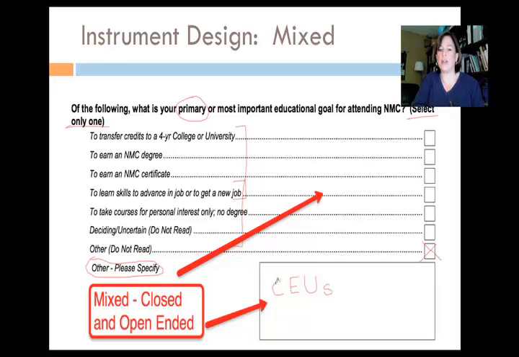If somebody is earning continuing education credits, I might, as the researcher, lump that in with to learn skills to advance in the job. So I might actually recode this response into this response during the data analysis part. But this is an example of mixing closed-ended with open-ended.